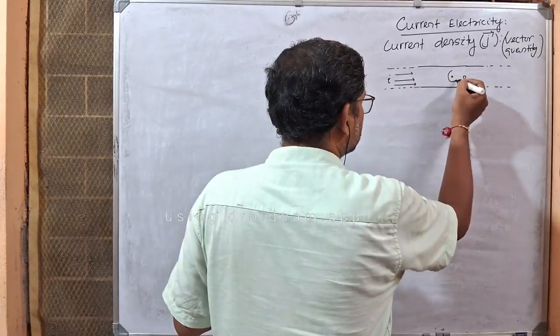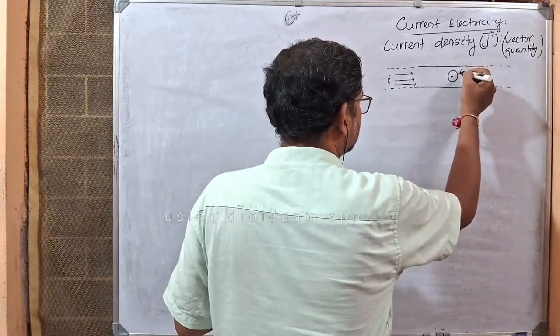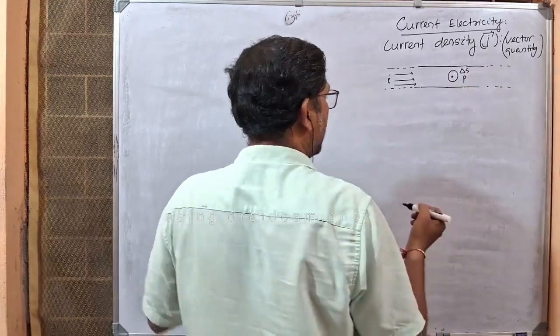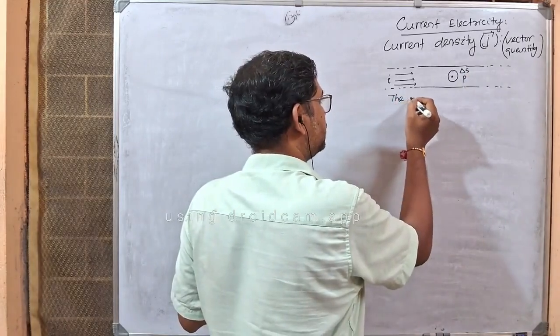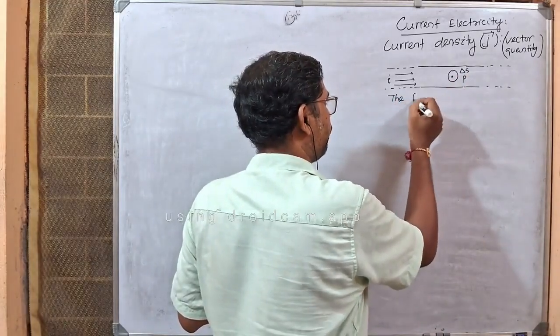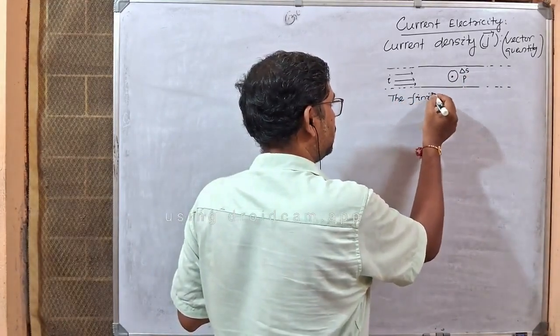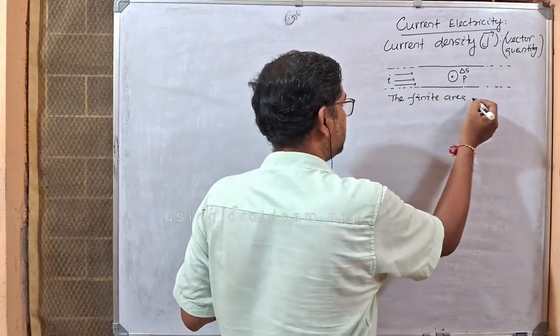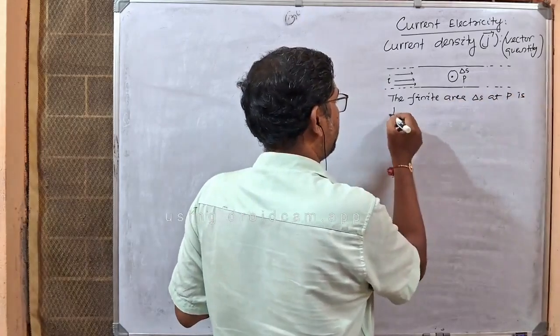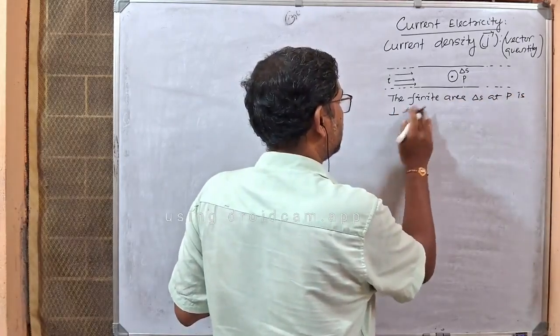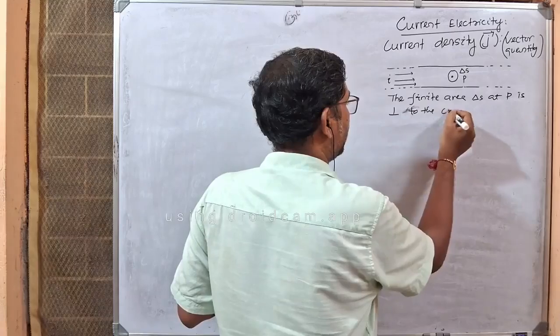I'll draw a small area delta S such that the finite area delta S at P is perpendicular to the current.